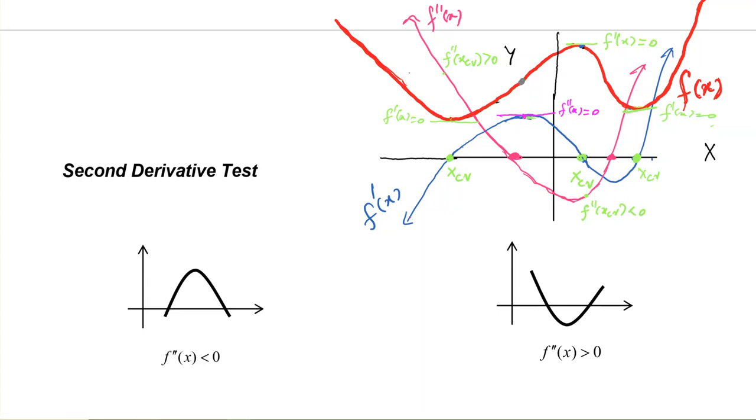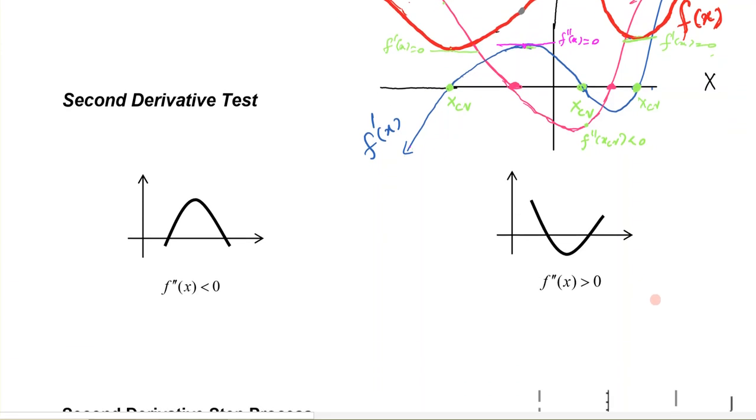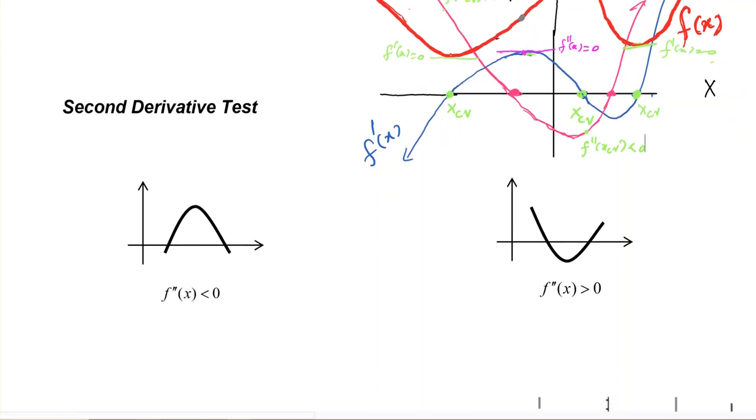Now I'm going to tell you quickly what the second derivative test is. The second derivative test tells us about points of maxima and minima, and it also tells us about the concavity of the function. So if the curve looks something like this, facing downward, we call it concave down.